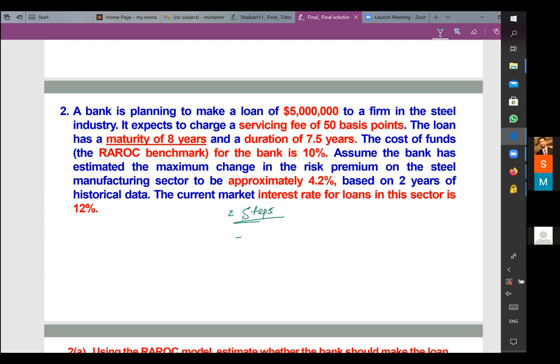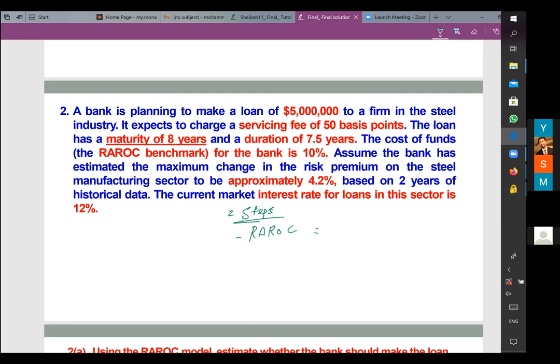So first of all, I have to calculate the RORAC, which is the risk-adjusted rate of capital. And this can be through the following thing. I have to take any additional income.